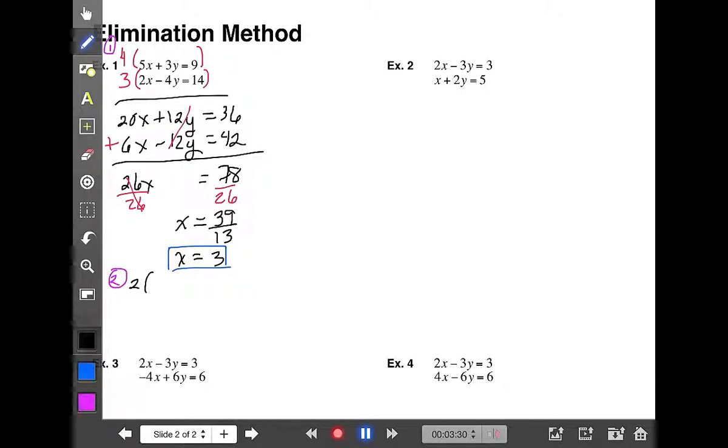And we've decided to plug it into the second equation. So we get 6 minus 4y equals 14. If we subtract the 6, we get minus 4y is equal to 8. And then divide by negative 4, what do we get? Negative 2.